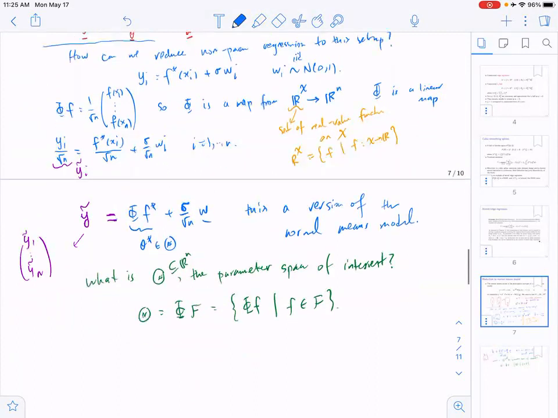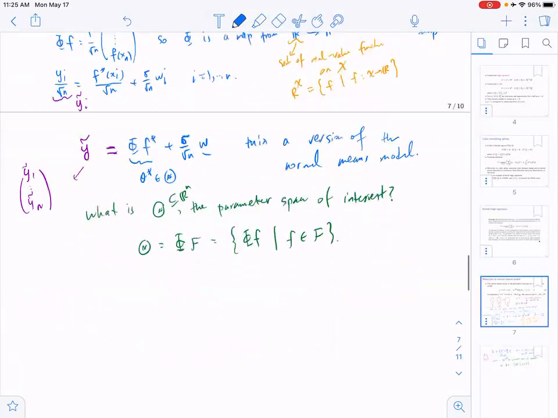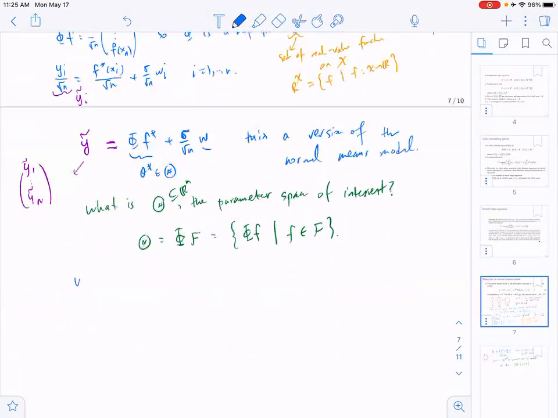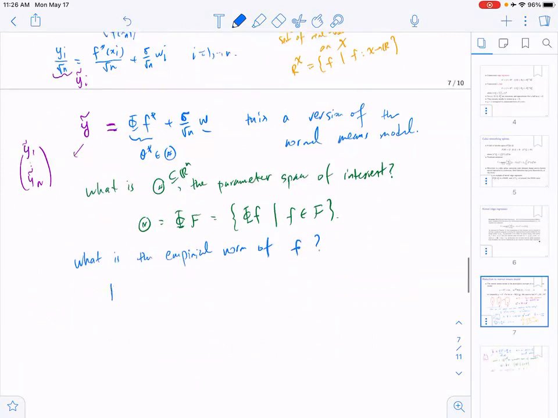What is the empirical norm of f, that quantity that I mentioned?